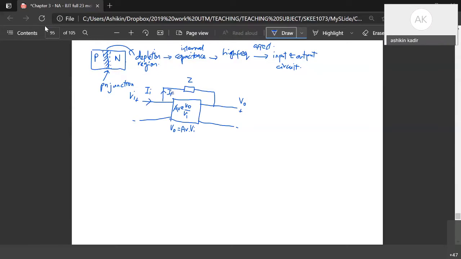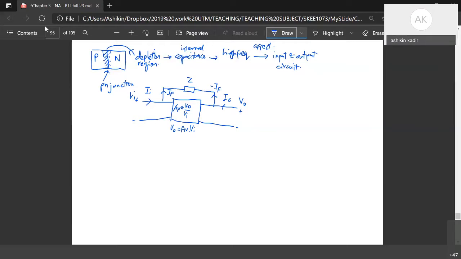At the output, we can monitor the V out and also the current. If I label it as I out, here I have the minus IF at the output side. Here we want to simplify our circuit, we don't want to mess it up.